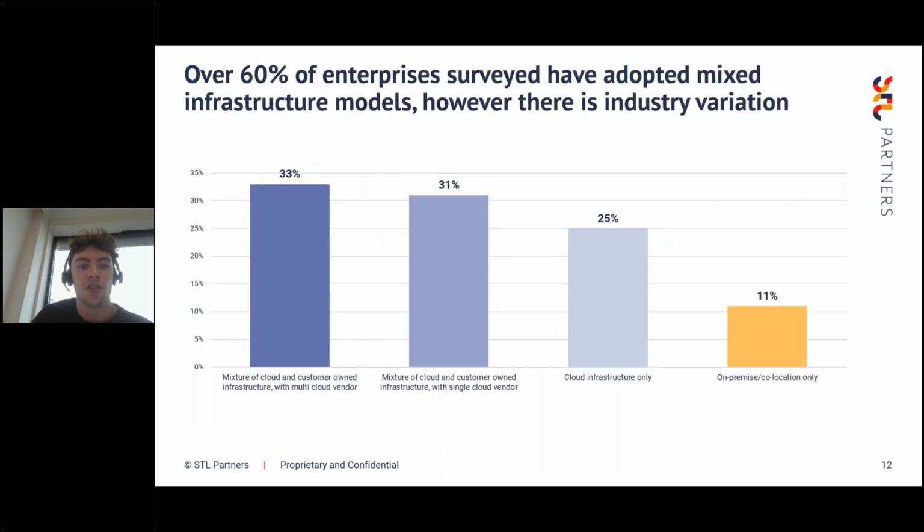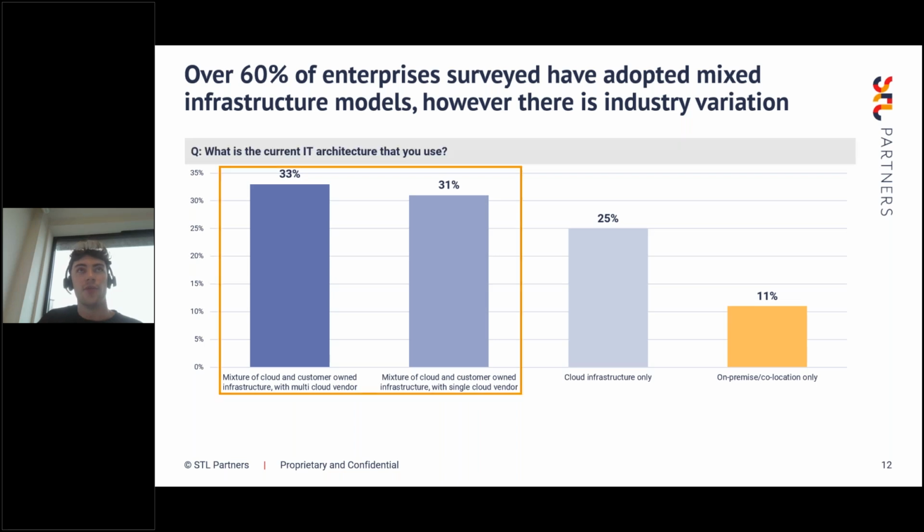So it's good to kick us off with the current state of play. We asked enterprises what IT architecture they're currently using. It was interesting to see that over 60% of enterprises have adopted a mixed infrastructure model, with a mixture of cloud and customer-owned infrastructure. 33% of respondents are using a multi-cloud vendor model and 31% a single cloud vendor model.